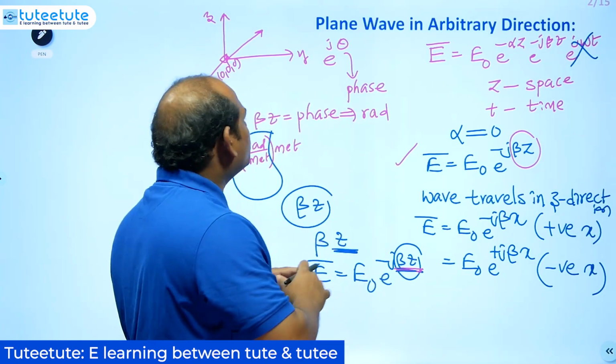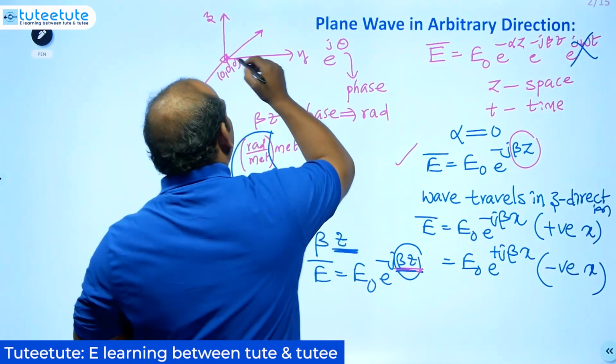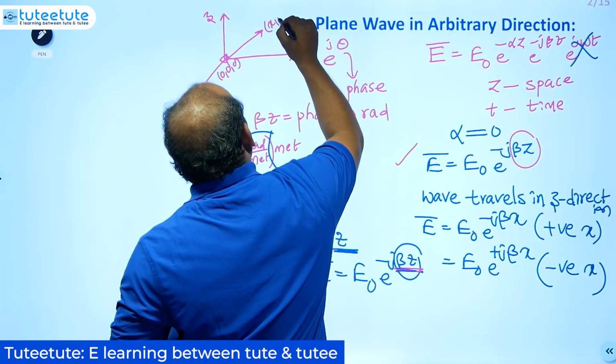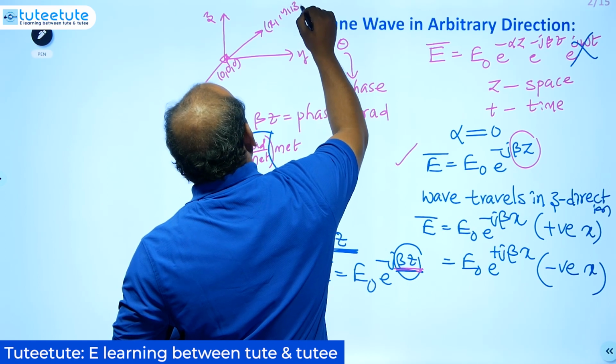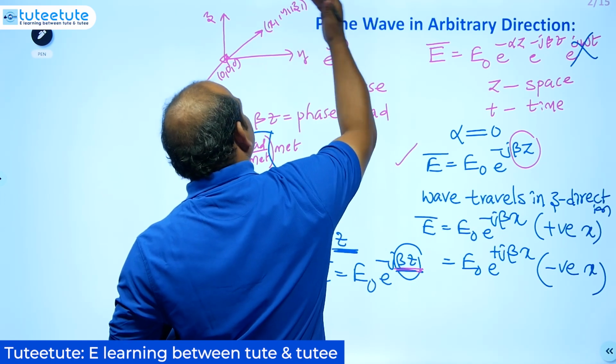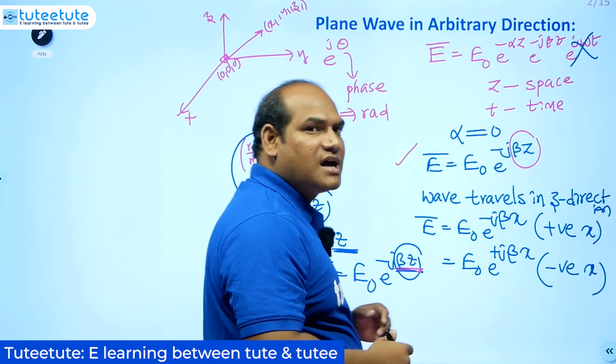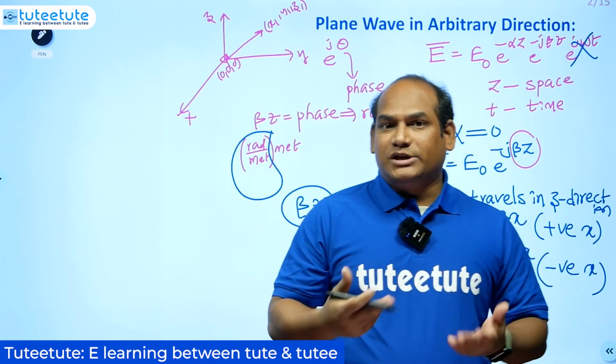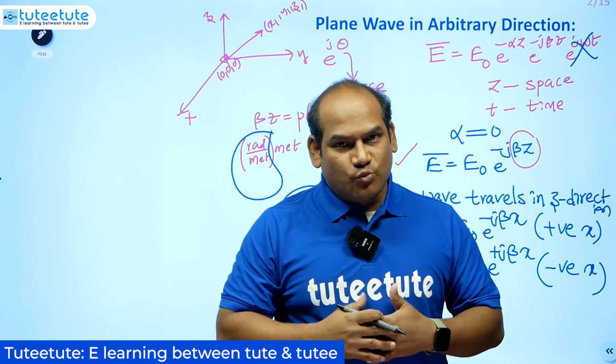It is moving in space where it can change its values like x1, y1, z1. After a certain time, it will be at some other place where the coordinates are x2, y2, z2. That means arbitrarily it is moving.